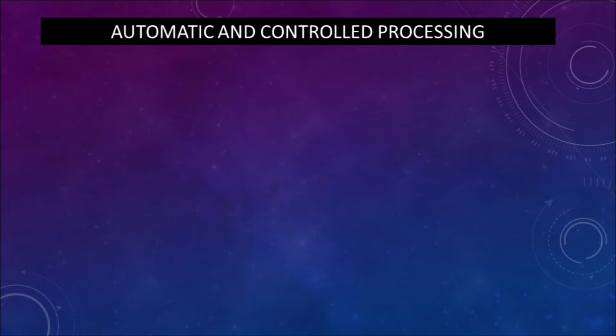You will see a table on the next slide, and this table can inform you about the difference of controlled process and automatic process in terms of their characteristics. So take your time.